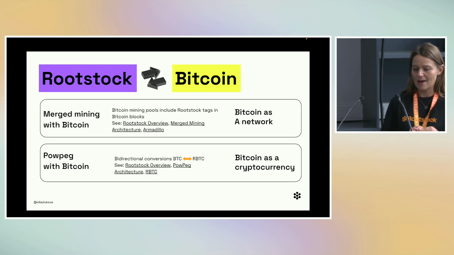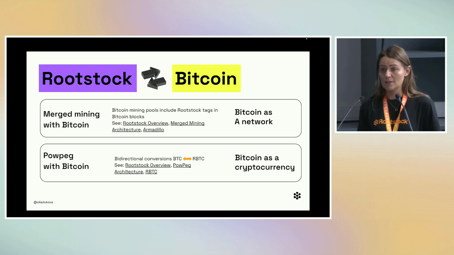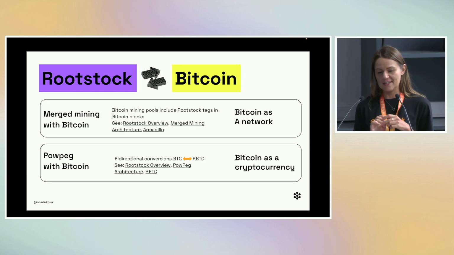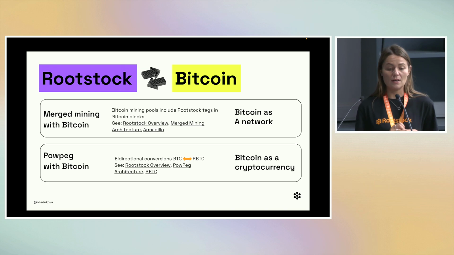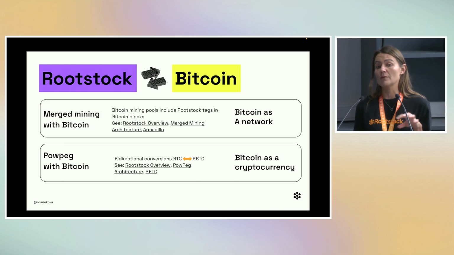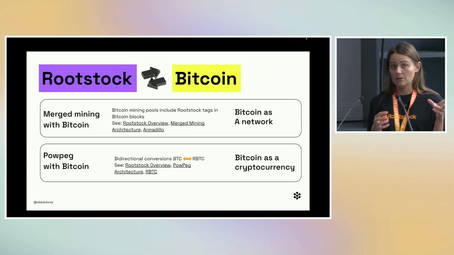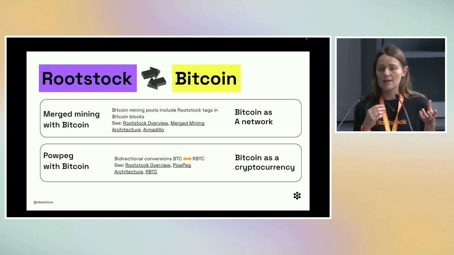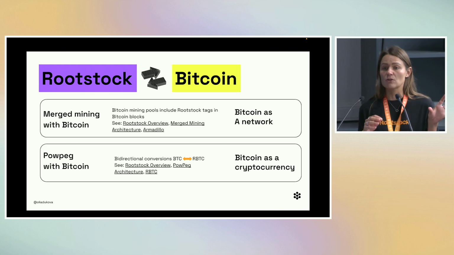Right, let's have a look at how Rootstock is connected to Bitcoin. I mentioned merge mining at the start of my talk. Merge mining was not invented by the team at Rootstock Labs. It exists as a method. There are a bunch of other networks that use it, but as I mentioned earlier, Rootstock is the most successful project being merge mined with Bitcoin that's ever been out there. So the way it works is that Bitcoin miners include the change of state of the Rootstock network in the Bitcoin block header.